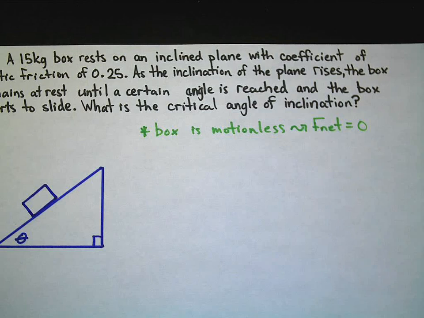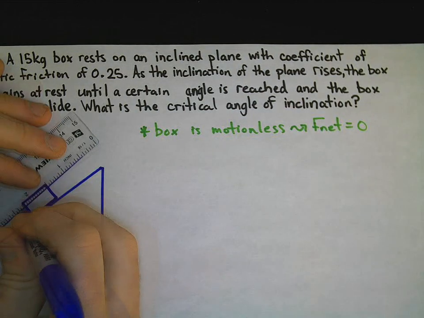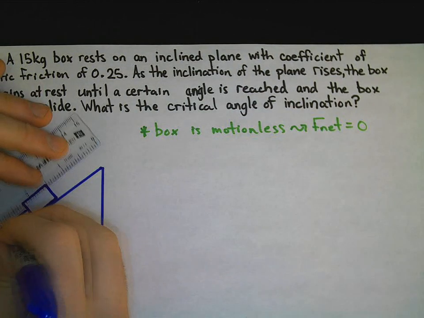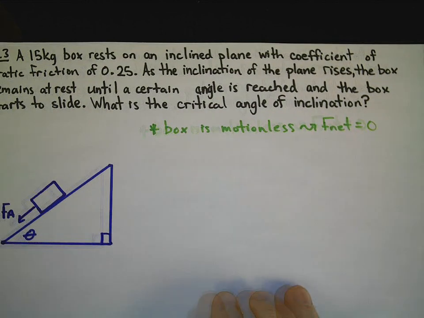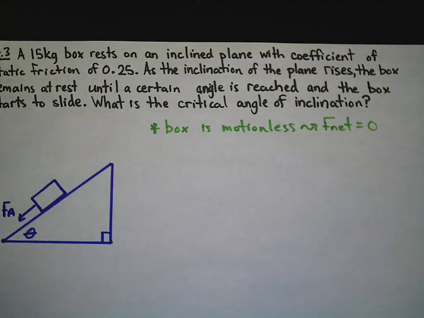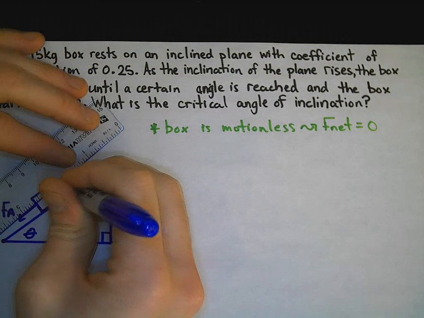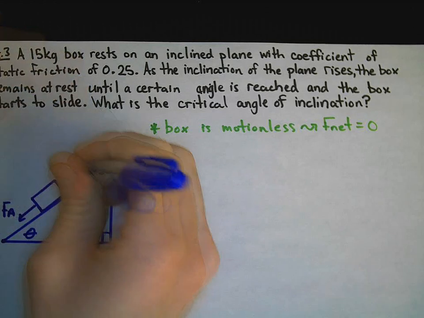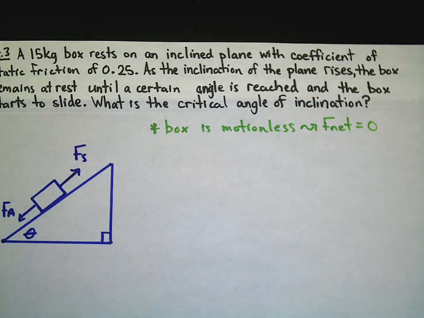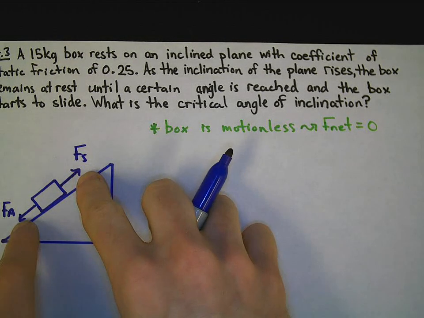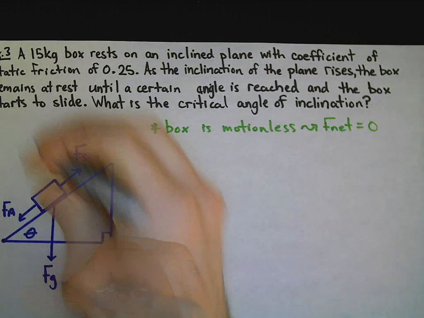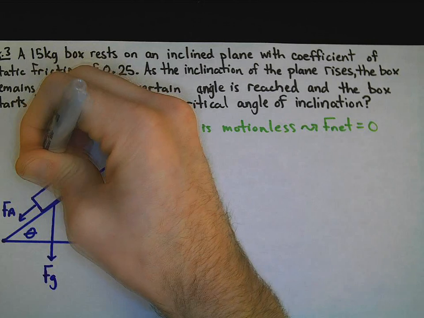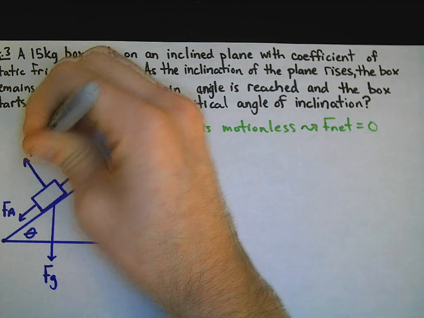At that angle where it starts to accelerate down the ramp, this is when an applied force forces that box to slide down the ramp, and it will at the same time experience some force of static friction. Now when my box stays still, these two values are the same. I do have my force of gravity in the opposite direction, and I also do have my normal force here.